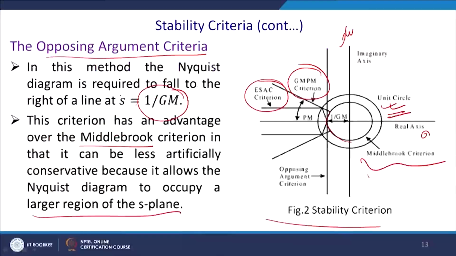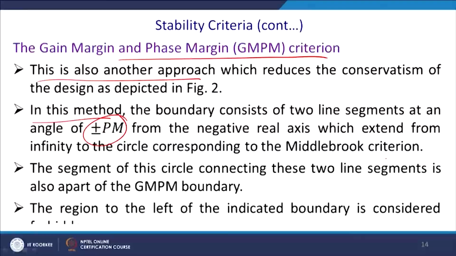In this method the boundary consists of two line segments at an angle of plus minus Pm. Please refer to figure number 2. So, this is the plus minus Gm, plus minus Pm from the negative real axis, which extends from infinity to the circle corresponding to the Middlebrook criterion.